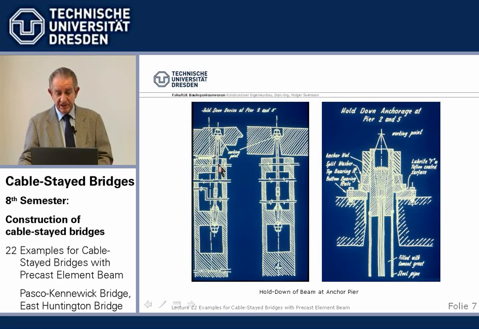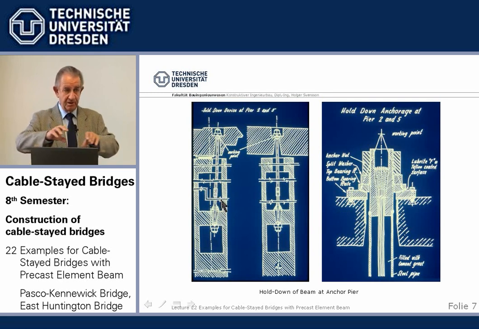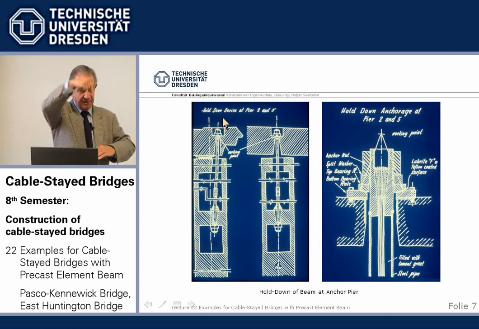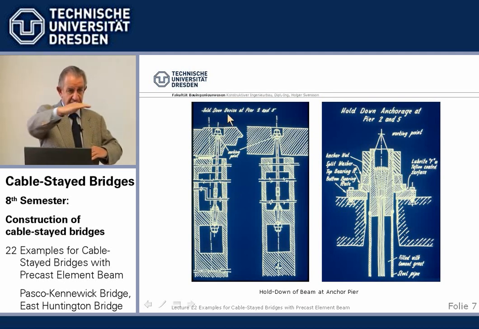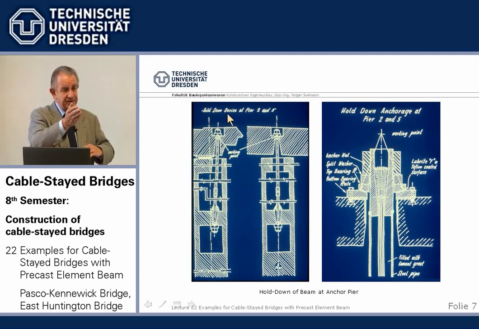And how do we deal with the movements? Now, the movements have two results. On one hand, longitudinally, they try to elongate this hold-down, and in order to avoid that, we have used here a sliding joint in the middle where it can elongate. And secondly, if we have a fixed cable and move it, I've shown you the second order theory in the first lectures, then very high stresses from second order theory occur.